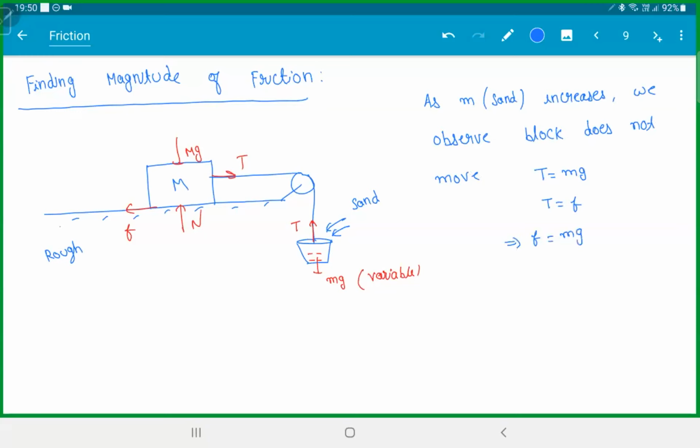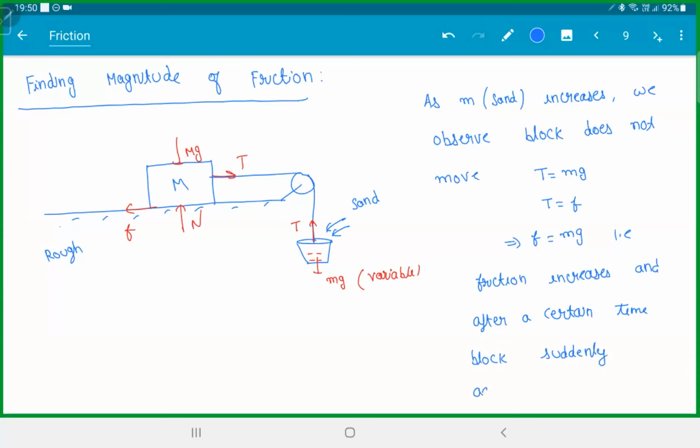That means as m is increasing, the friction is also increasing. As you put more and more sand, friction increases, and after a certain time, the block suddenly moves. This is what we observe in the experiment.